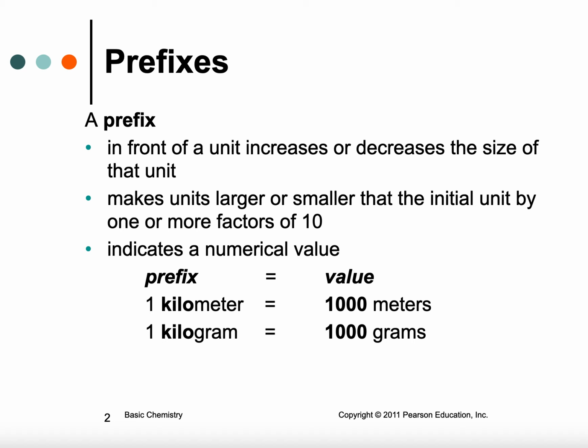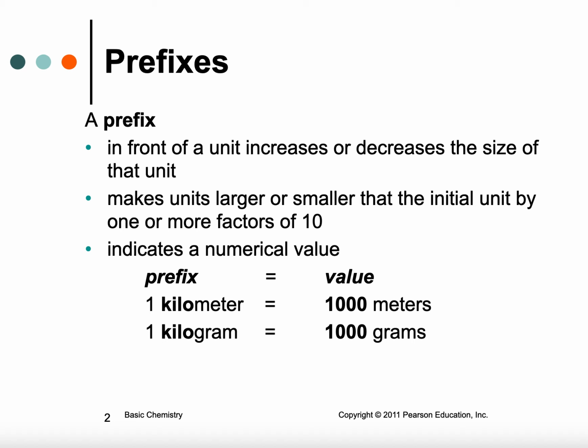So there are words that mean times 10 or times 100 or times 1,000 or times 10,000. There are words built into the language, and these words are going to give you the indicator of how big or small that measurement is.